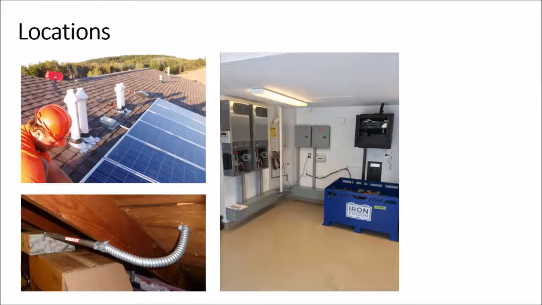Because what can happen is the temperature difference between the attic and the atmosphere can cause condensation and moisture, and water can get into that conduit. Or likewise, conduit that's buried in the ground, that's a wet location. It's going to leak, it's going to get humidity into it, and that's considered a wet location too.